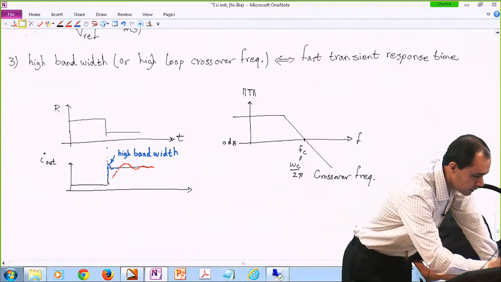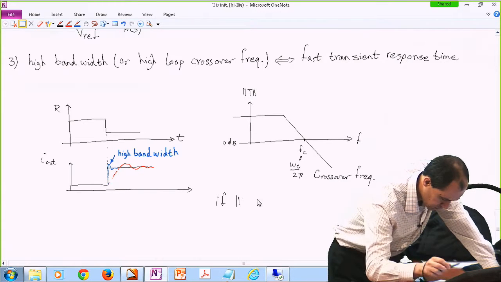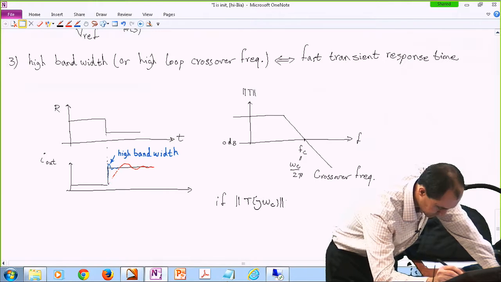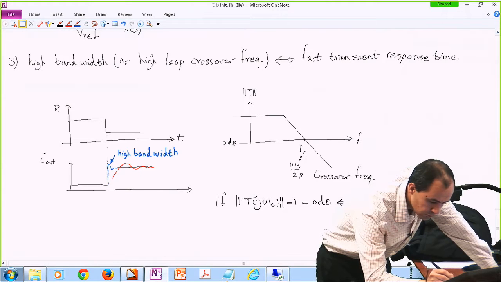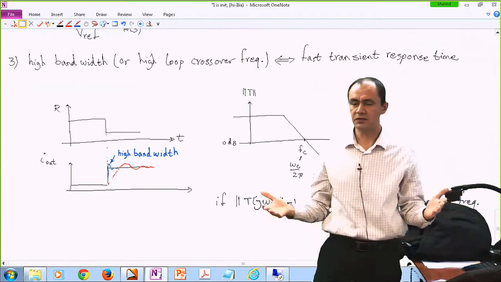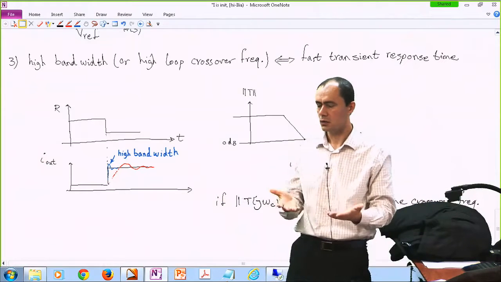So let me just write it down here. This is the technical definition of the crossover frequency: the frequency at which my loop gain crosses 1 or 0 dB.